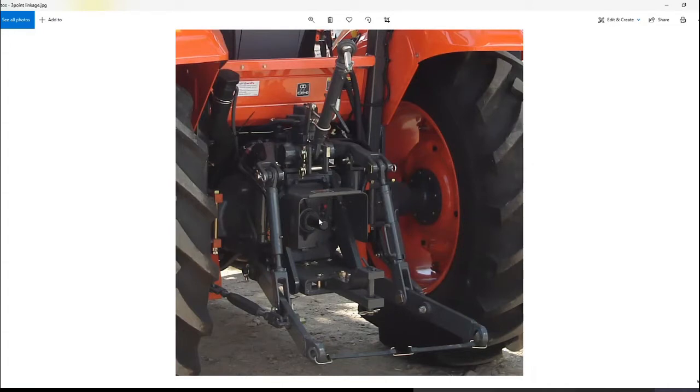Alright, and this portion here is called PTO. PTO is called power takeoff shaft. That means we can extract some power of the tractor using this shaft. So this shaft rotates when we turn on the tractor.